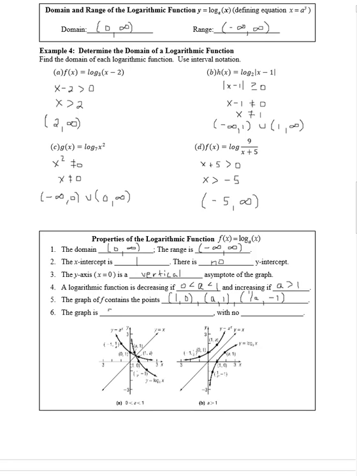The graph is smooth and continuous, which means it has no corners or gaps. So here we have some examples that you can look at for yourself.